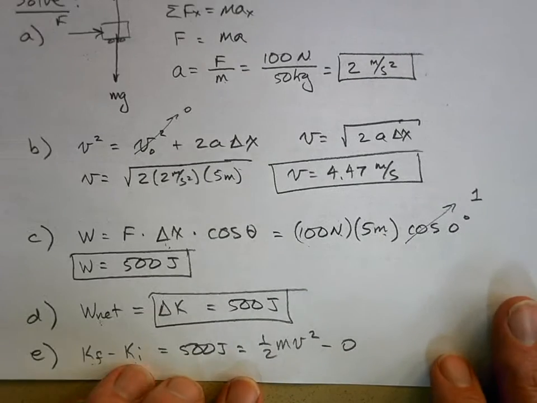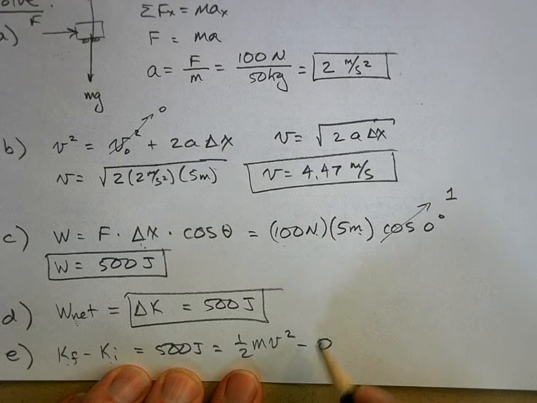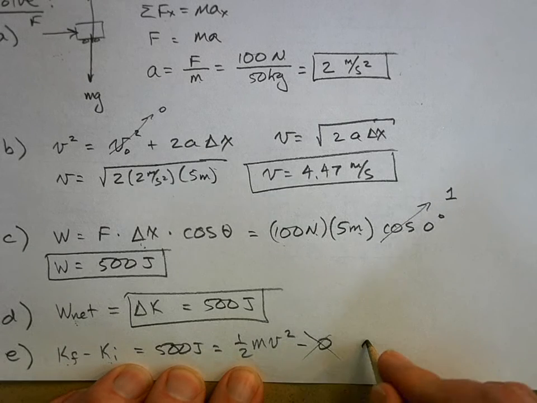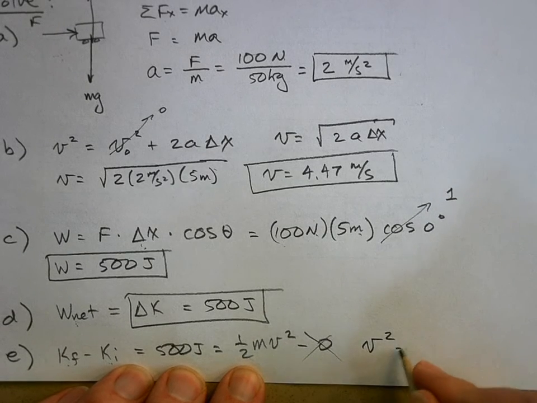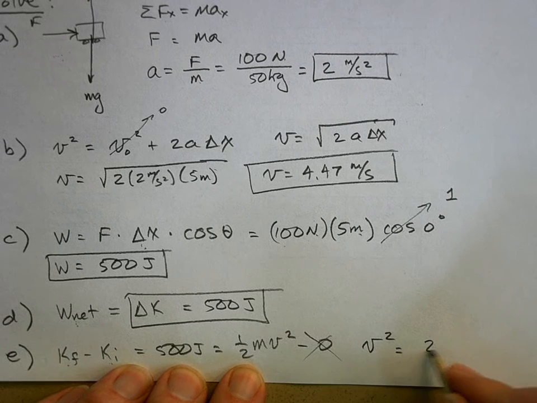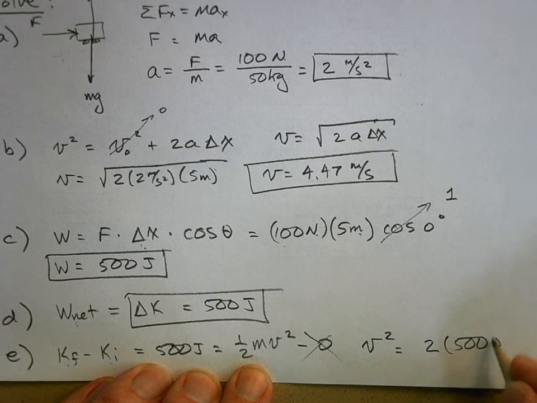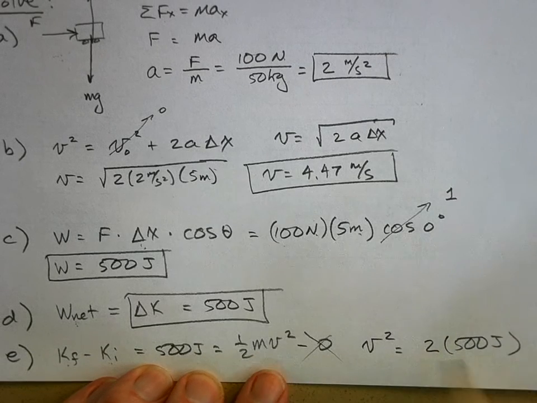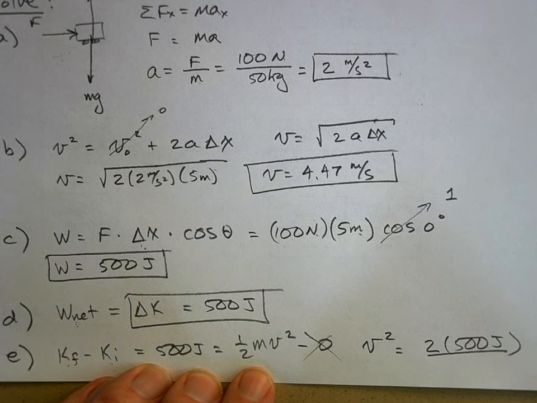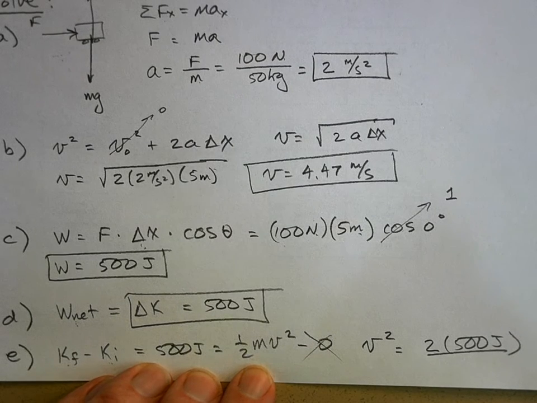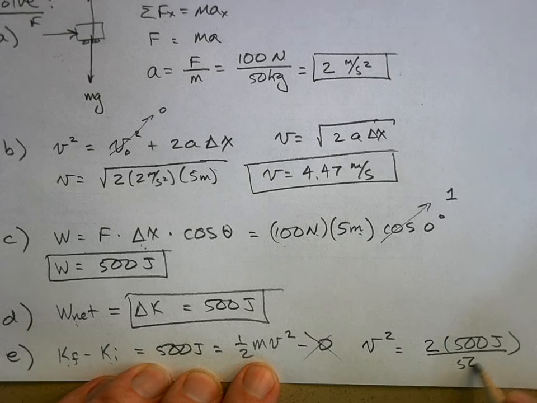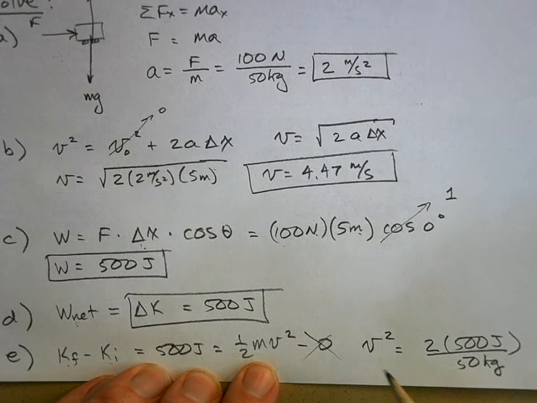Now, this lets me solve for V. So V squared equals 2 times 500 joules, and then we're going to divide by the mass, which is 50 kilograms. And then to get V, I just need to take the square root of that.